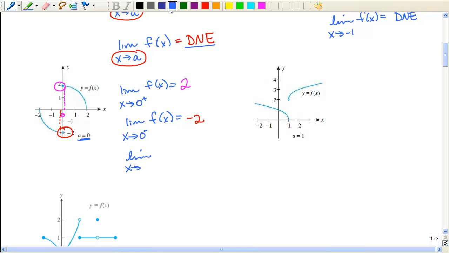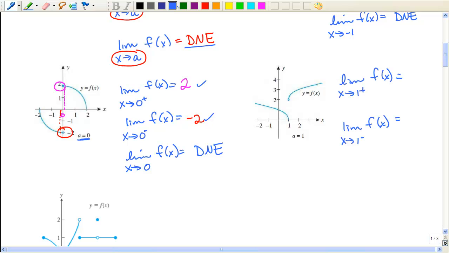So if I ask you what is the limit as x approaches 0, it does not exist, because again, those don't match. You've got to really get used to that notation with the little pluses and little minuses to the right of the number. It's really odd looking. Alright, so again, we've got a is 1. So I want to go a little bit to the right of 1.